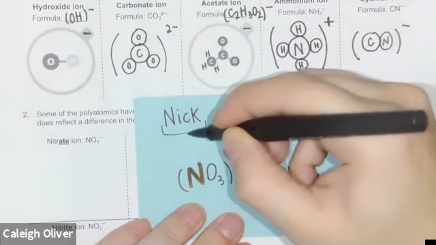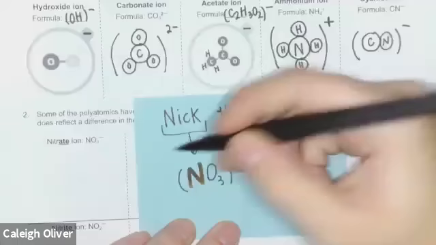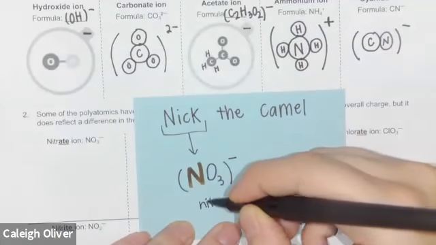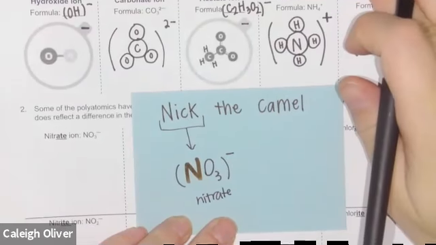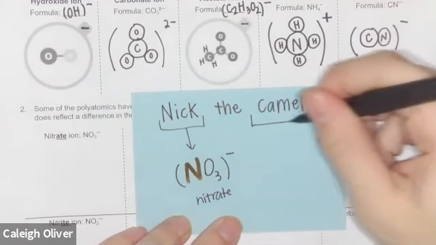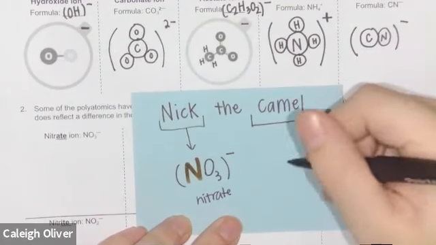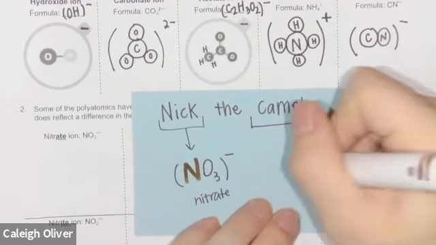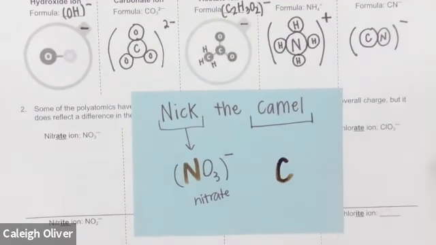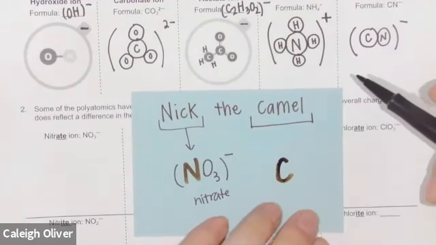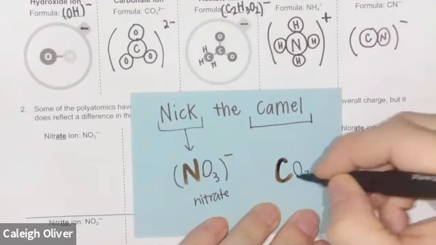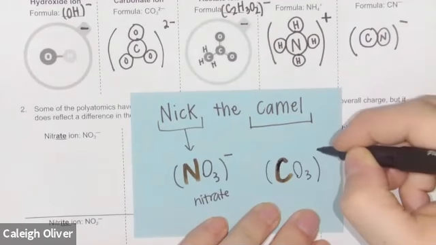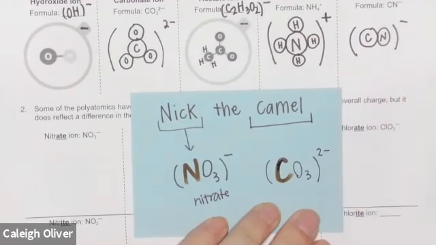So from this, you could figure out nitrate. I don't like it. And then camel would be carbonate, because you've got the C for camel, C for carbon. Consonants, vowels.